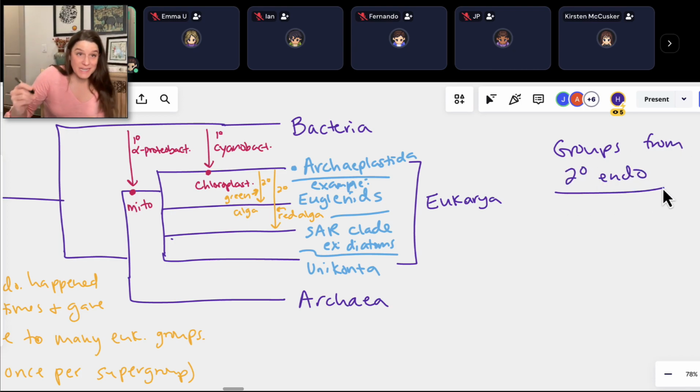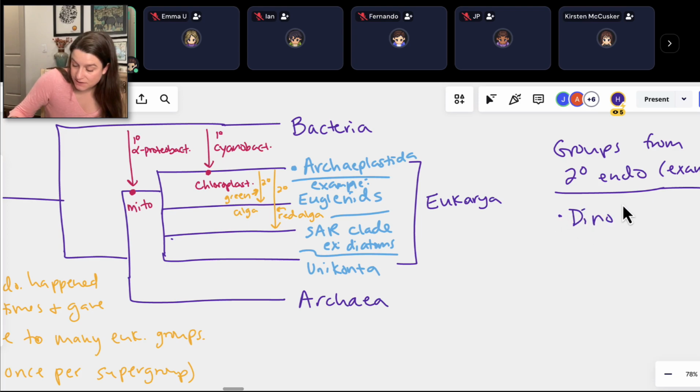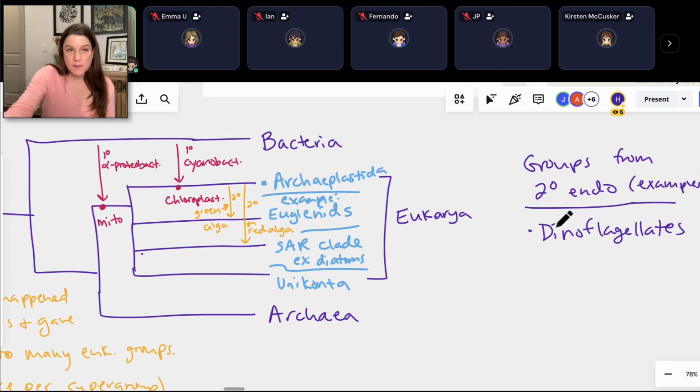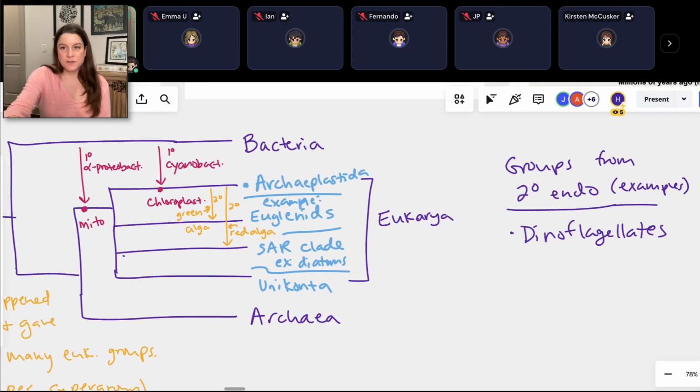So what kind of groups came from secondary endosymbiosis? These are examples. We have the dinoflagellates, some of which have lost their chloroplasts now, but many dinoflagellates still have them. Remember those are the ones that cause red tide. Usually, they're also the ones that are coral symbionts. They've got cellulose cell walls. They're algae, so they do have the pigments in them.